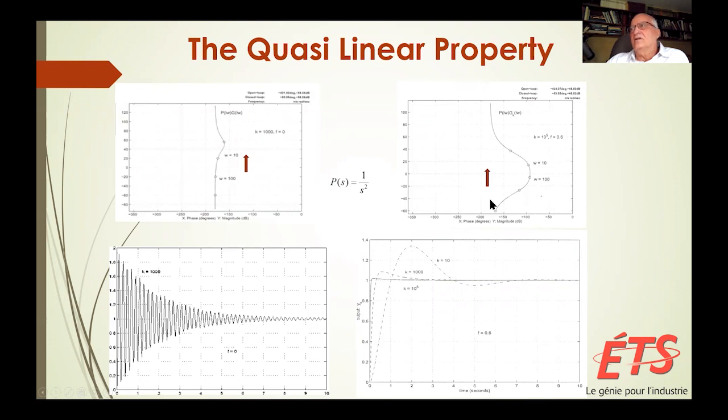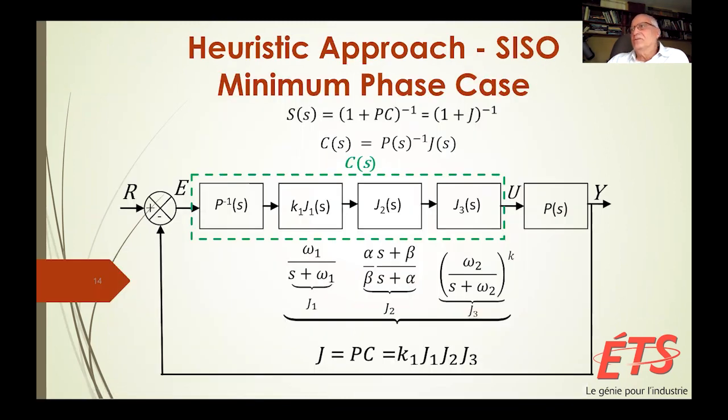When I increase the gain, the pole is modified, so I always keep the good gain margin, phase margin. And it so happens by doing so, when I'm increasing the gain, look what happens to the time response. It gets better and better and better. While normally the time response gets worse and worse and worse, here I'm increasing the gain and I'm getting some result which is really not intuitive, but nevertheless true.